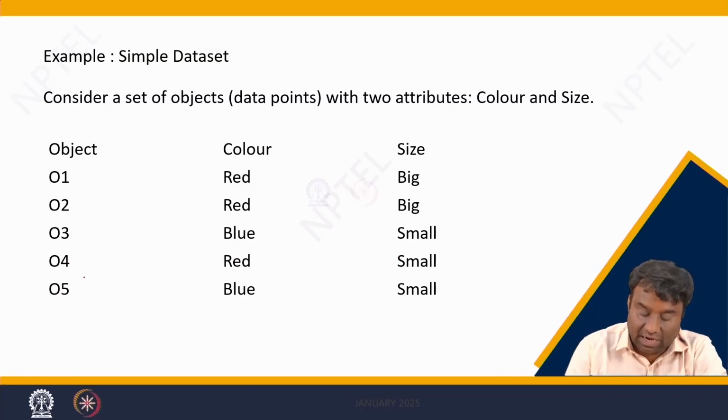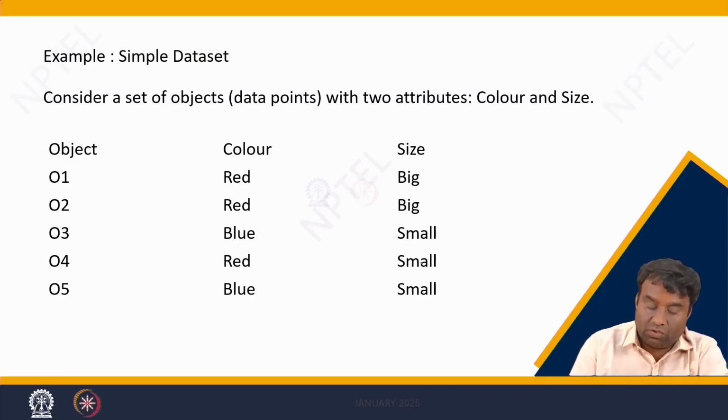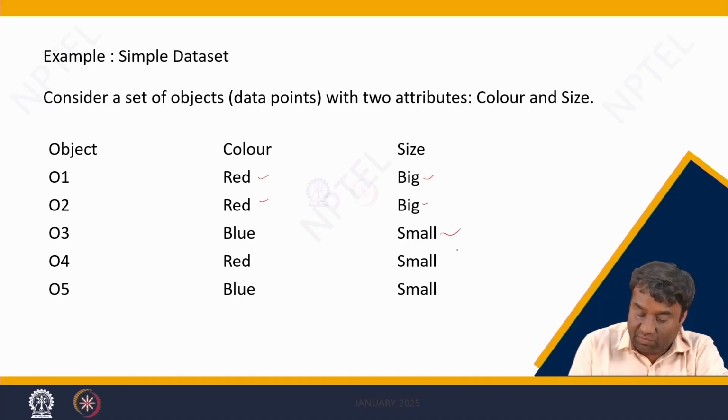Object O5: color is blue and size is small. So you can say that in terms of size and color, these two are the same: red, red, big, big. This is different, and this is the same as this, and O4 is different.